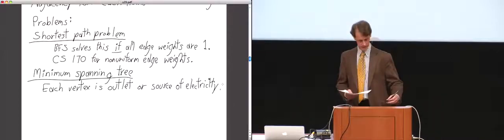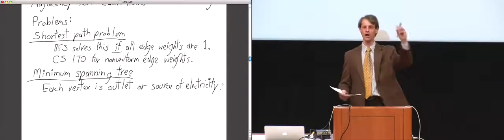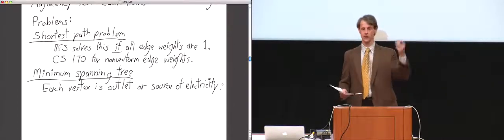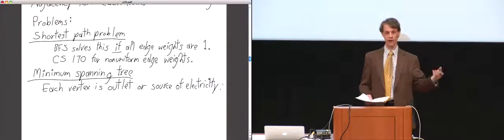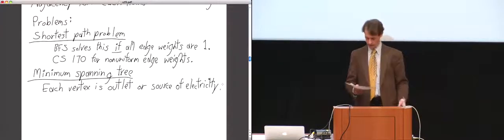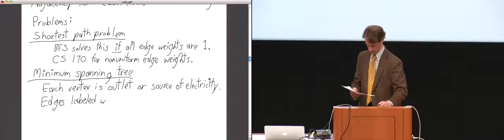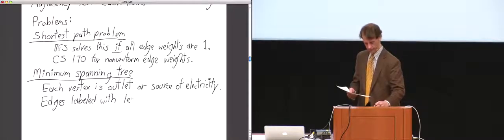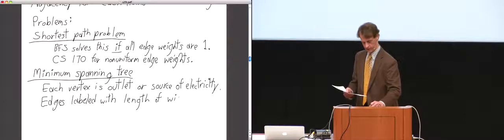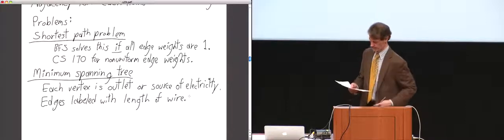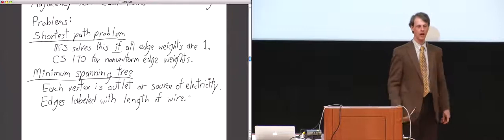So what we do is we have a graph that shows all the different ways that we could connect one outlet to another outlet, or one outlet to the source of electricity, and we label the edges of the graph with the length of wire that is necessary to connect one outlet to the next, or one outlet to the source.